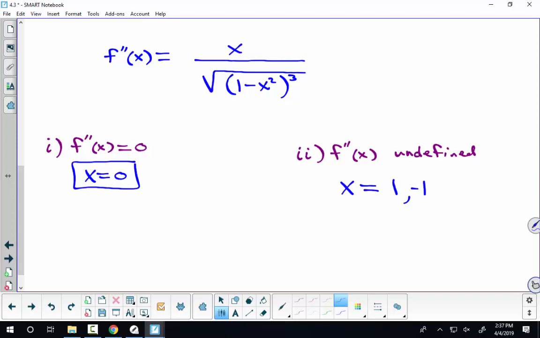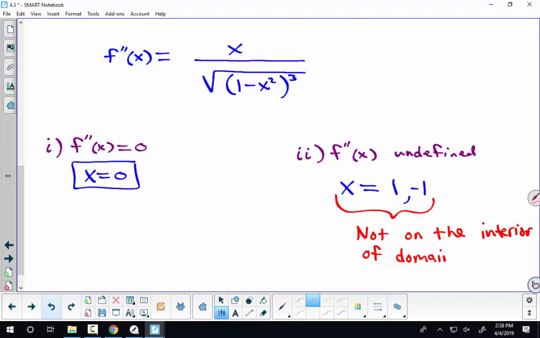What's the domain of the function? -1 to 1. Are we going to include those? No, because it has to be on the inside of the domain. So not on the interior of the domain. So we're not including these.